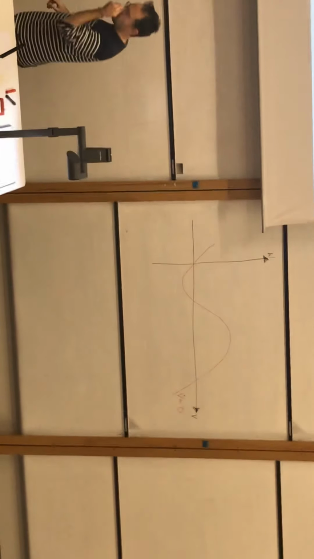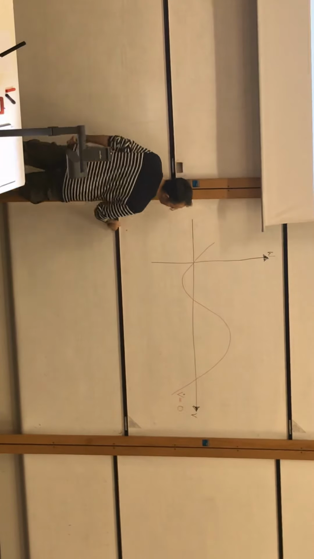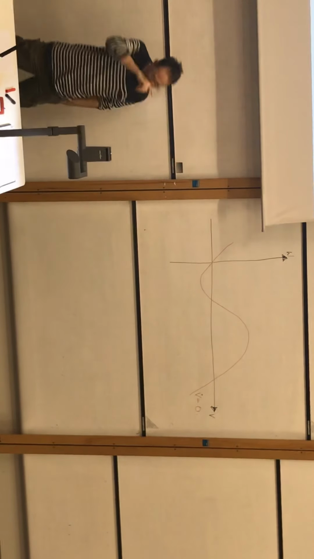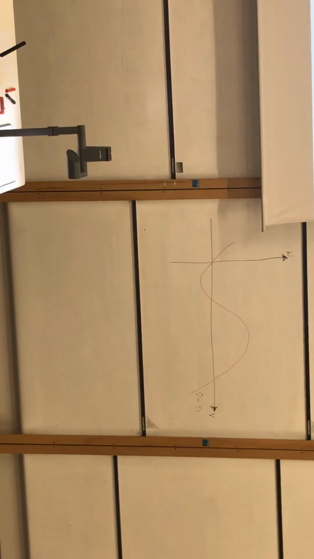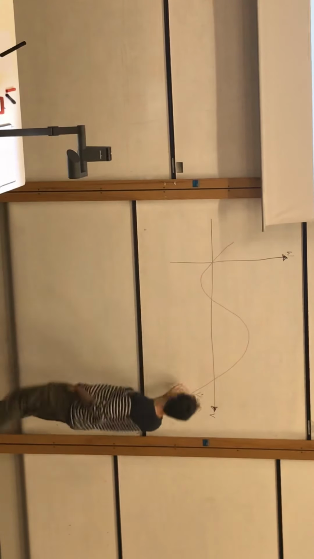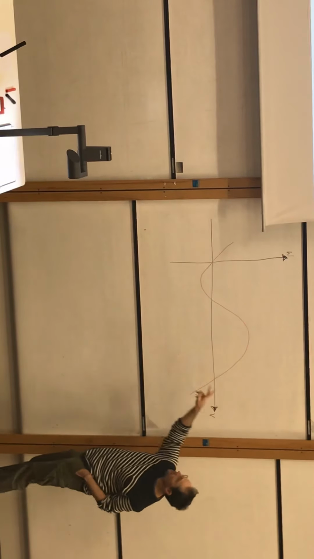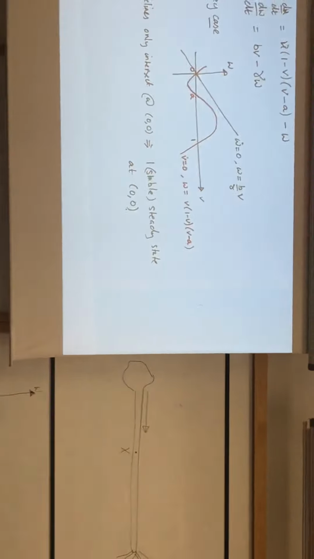Why is plotting the null-cline important for understanding the form of solutions in the phase plane? Basically, it divides the phase plane into different regions. We're dealing with nice continuous functions in these equations.